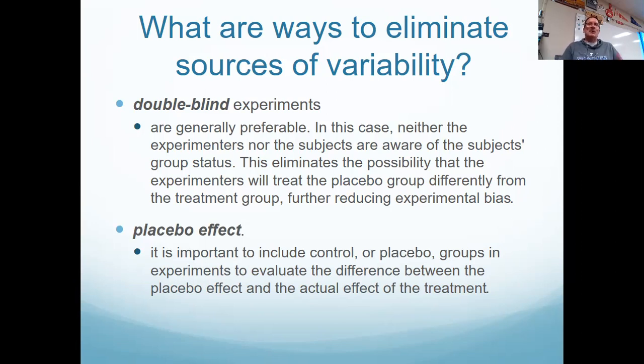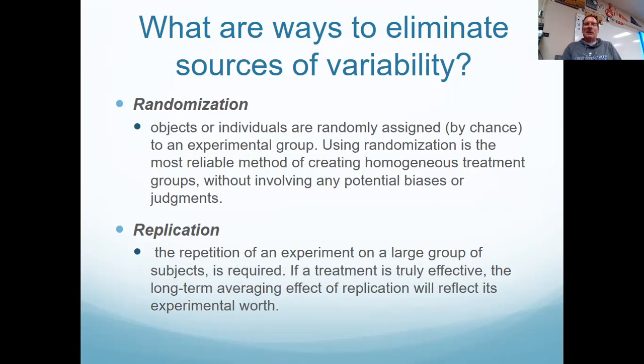Since nobody knows who's getting what, then it also allows those who are getting the placebo not to think, I don't know if I got the right one or not. So include control or placebo groups in experiments to evaluate the difference between the regular. That's why they do it. And in a double blind, that takes away some of the mental, not all of it, but some of the mental. Okay, randomization. Another way to eliminate bias: objects or individuals are randomly assigned by chance to an experimental group.